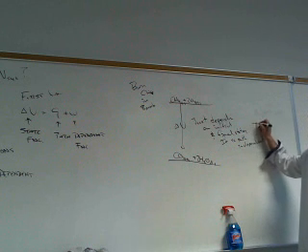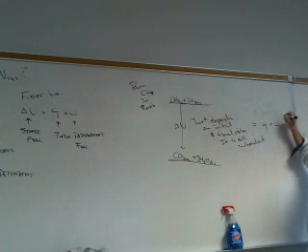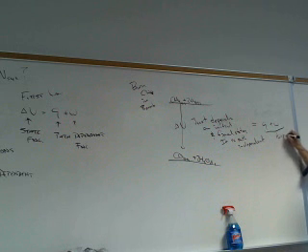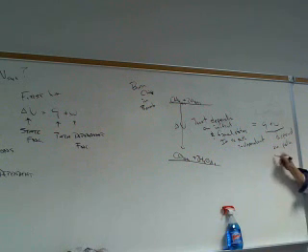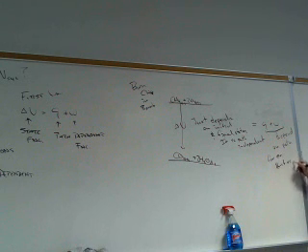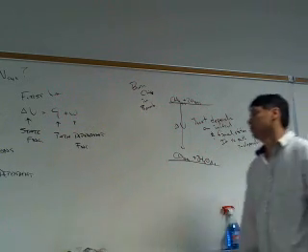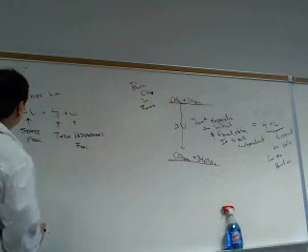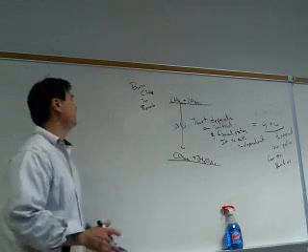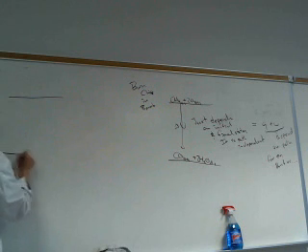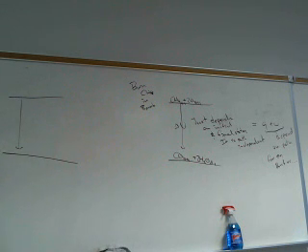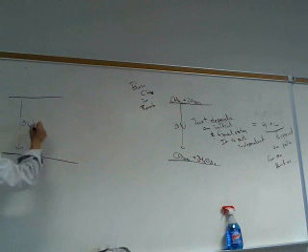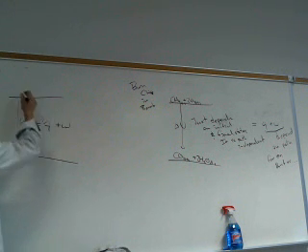Q and W depend on the path. For example, bomb versus some other path. So we do this: Delta U is equal to Q plus W. Now how much work is done?